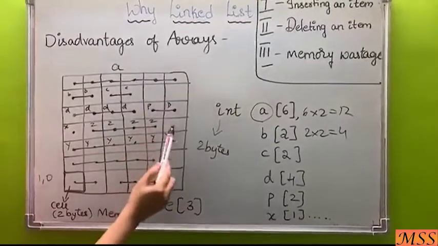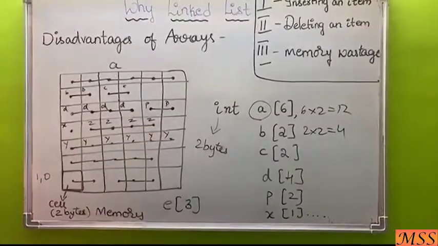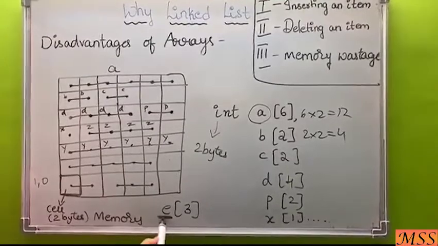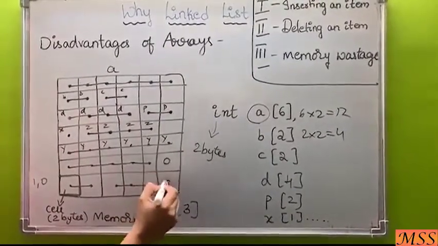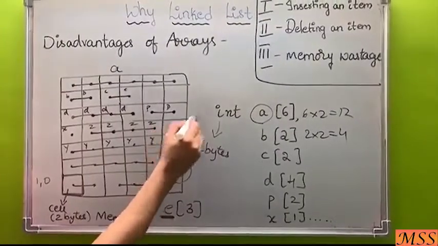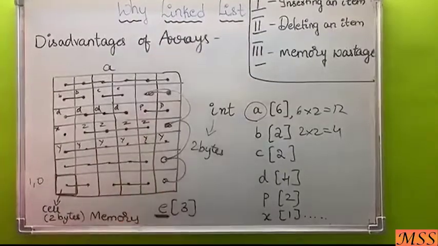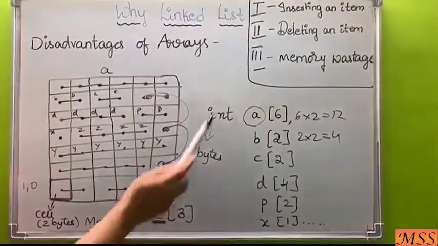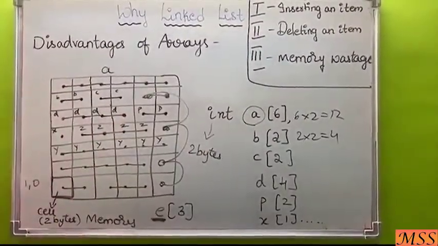There are totally 1, 2, 3, 4, 5 empty cells in the memory, but there is not enough contiguous space for storing e. All this memory is being wasted. So in order to avoid this wastage of memory, we go for linked lists. These are the 3 disadvantages of arrays over linked lists.